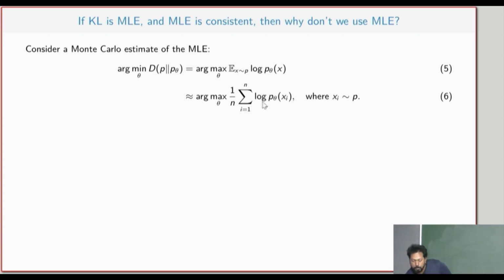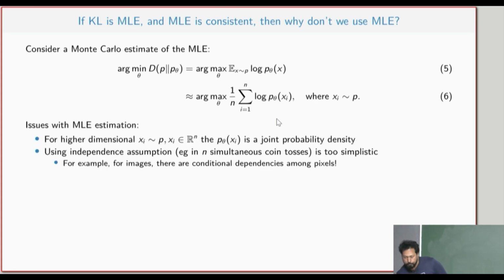The whole problem is how do you really look into this P theta of xi, which is a joint PDF. That's what I have written here as well. xi comes from a real distribution; it could be some cat image, and it could be a grayscale image like MNIST, which is 28 by 28, or CIFAR, and so on. So basically this n grows quite big.